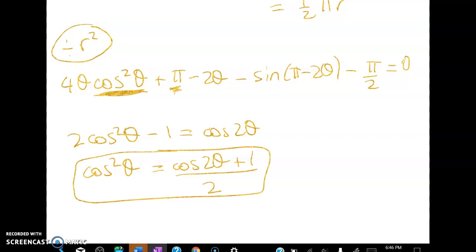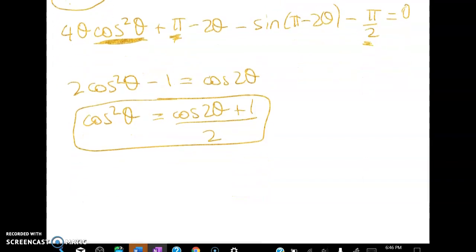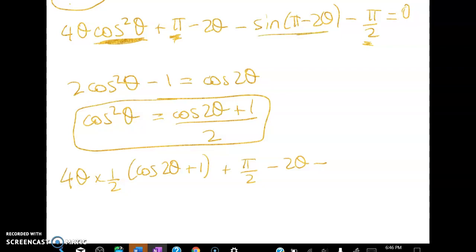So we're going to take that and substitute it back in. While I'm at it, I'm going to clean this up. So we now have 4 theta times a half cos 2 theta plus 1, plus pi on 2, minus 2 theta, minus, now it's time to do the compound angle on this. So this will be sine pi cos 2 theta minus cos pi sine 2 theta.